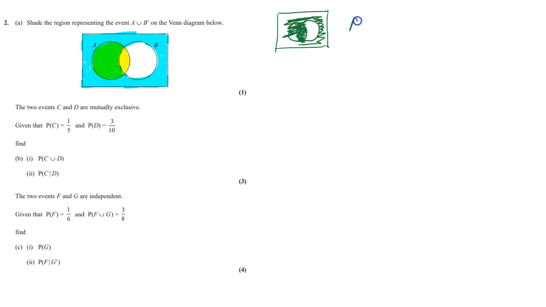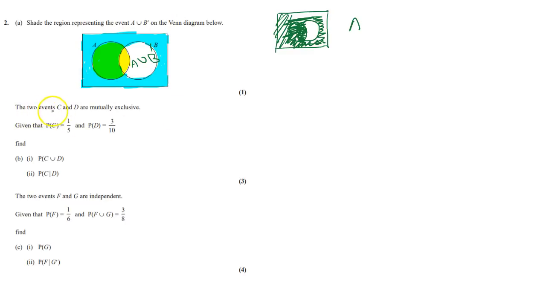So that is A, all this. Only this part will be remaining. So this part is A union B. It will not include this portion.